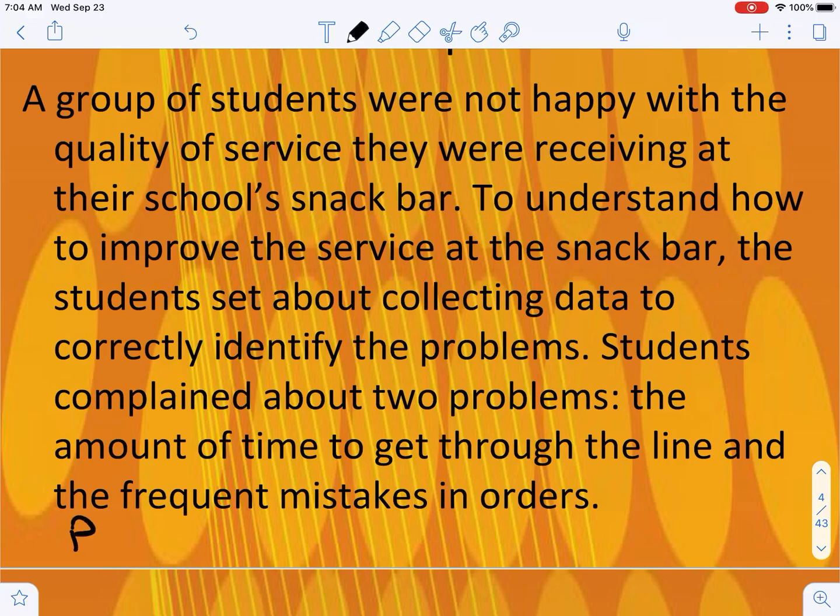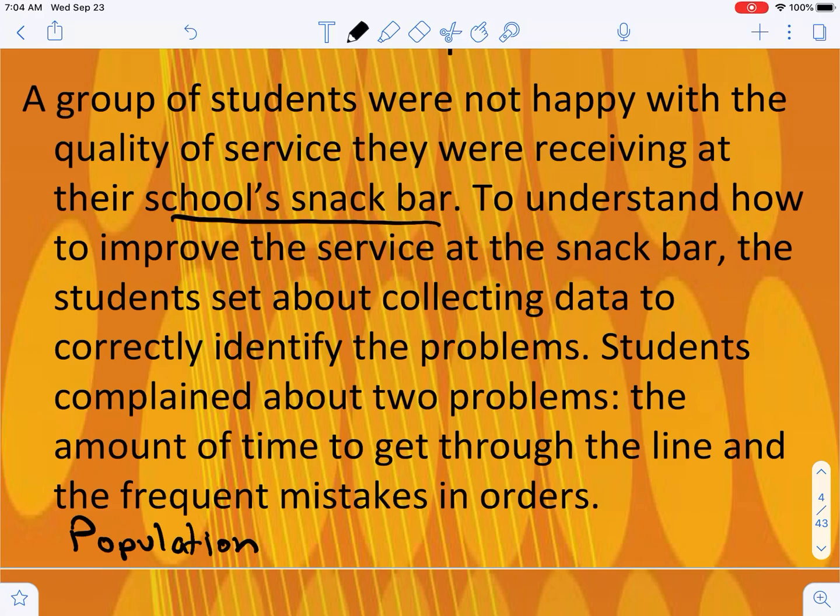So if I said, okay, what's the population that we're looking at? Our population would be a group of students who were not happy with the quality of service. What would be the population if we're looking at their school snack bar?